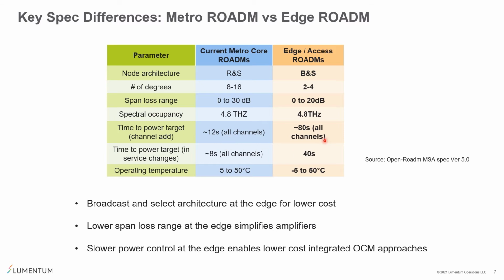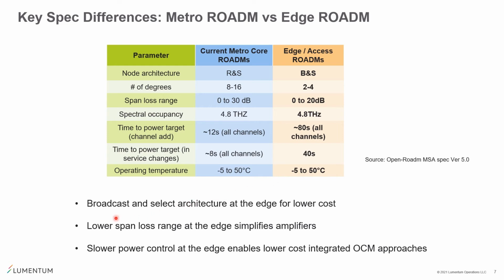In the case of the edge, you relax that to about 80 seconds for all channels. And again, for in-service channel changes it is 8 seconds for the metro, and you've relaxed it to 40 seconds. The reason for doing that is that it allows us to build solutions with embedded optical channel models inside WSSs to reduce the overall system cost.